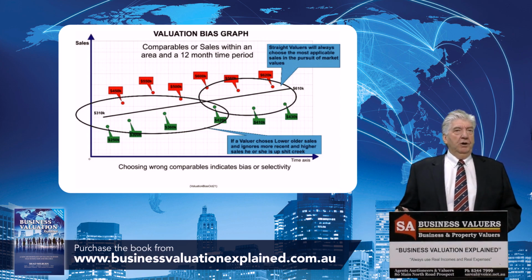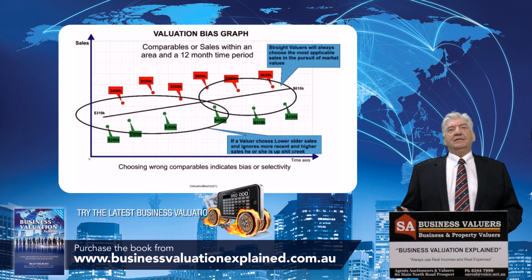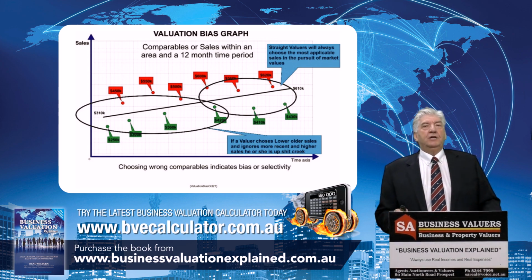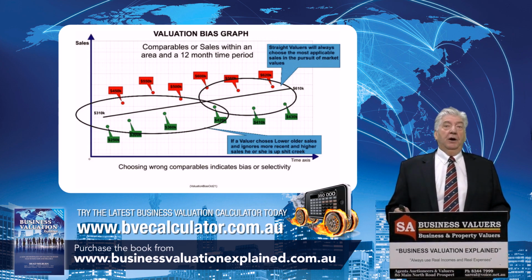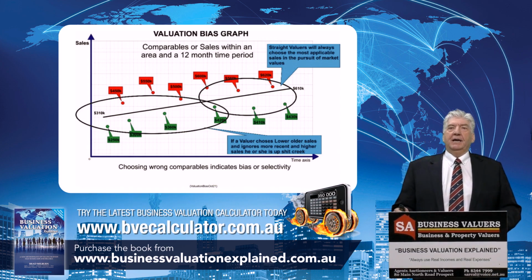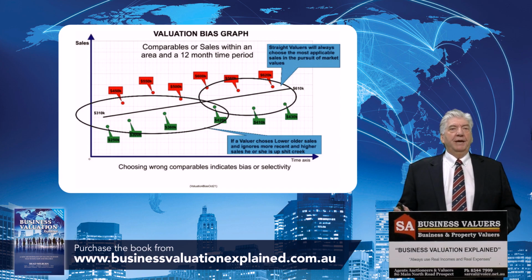More sales occur to end users, whereas the sales to developers are rare. If a valuer has used all larger parcels, i.e. wholesale market values, and ignored retail values, they have exercised bias, therefore possible corruption. All market activity should be investigated, and if certain sales are left out, you should press to find out why.